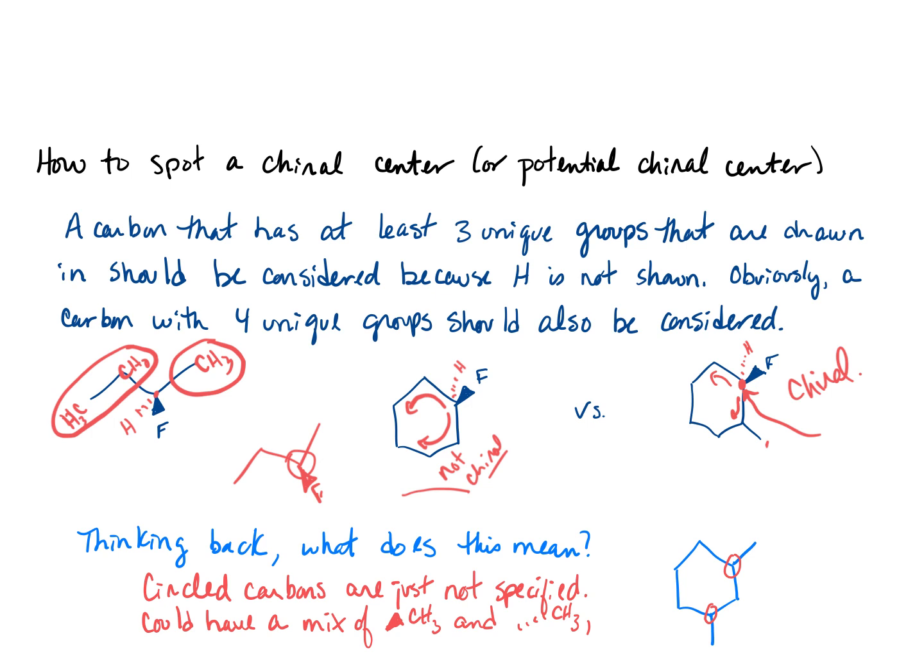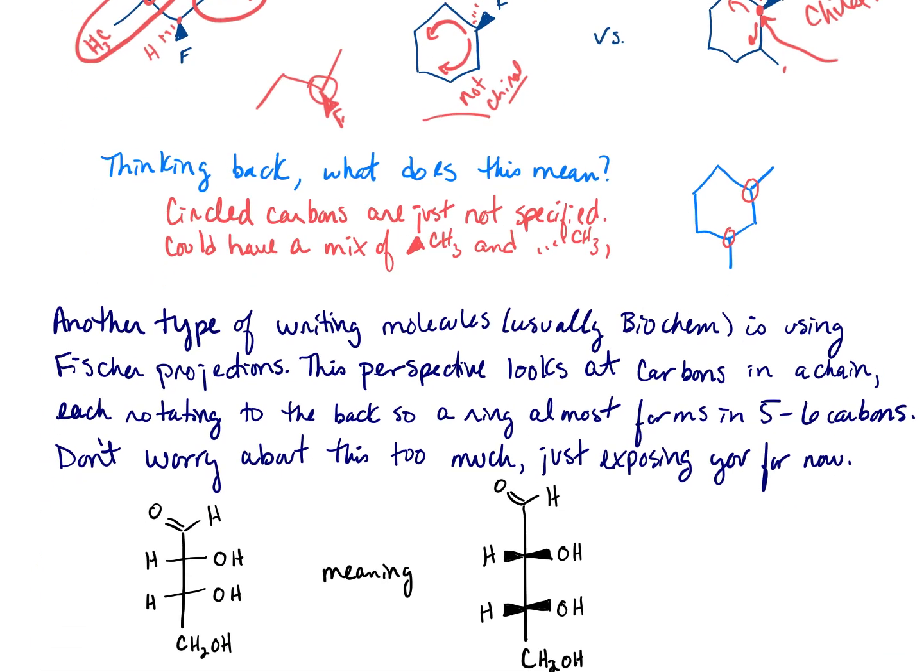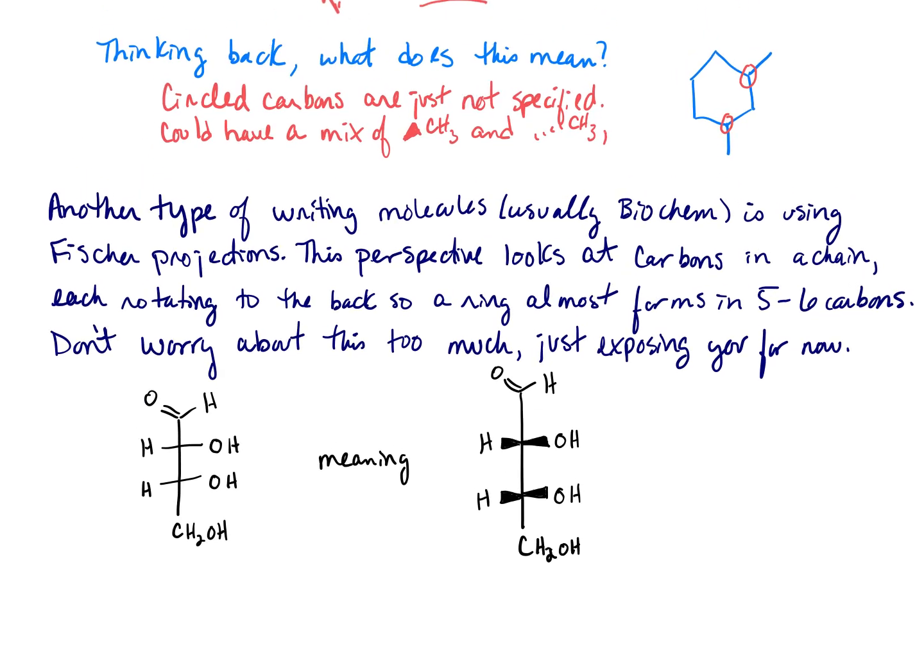We haven't said that you have that methyl group or either of those methyl groups coming towards you or away from you. So what we're assuming is that we're dealing with a mixture here of different types of things. So if it's not specified, it's not that that's not a chiral center. It is a chiral center, but the specific stereochemistry has not been identified in this case. Okay, so that's something to look for.